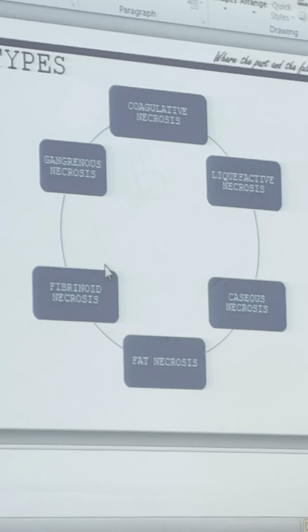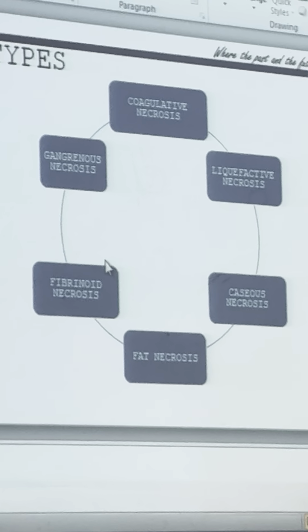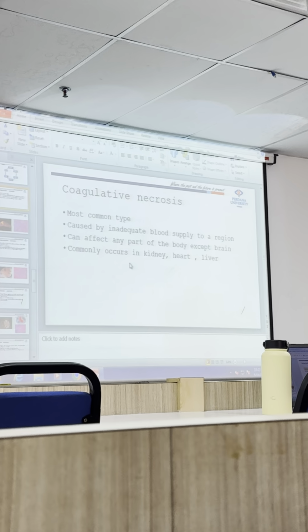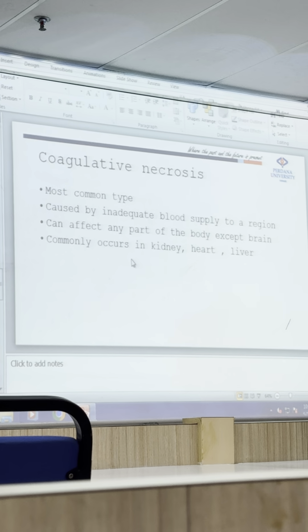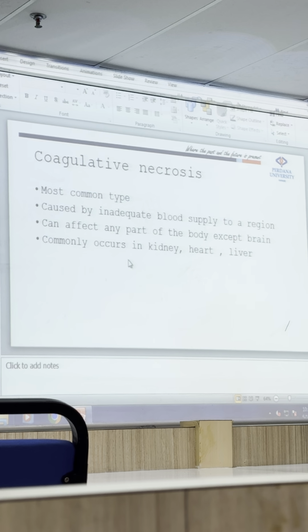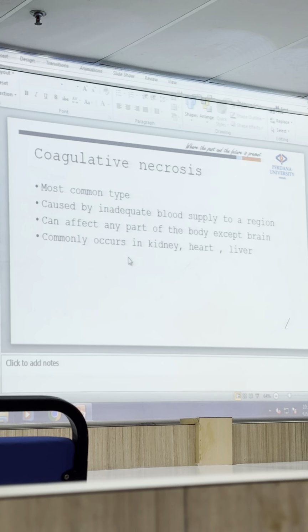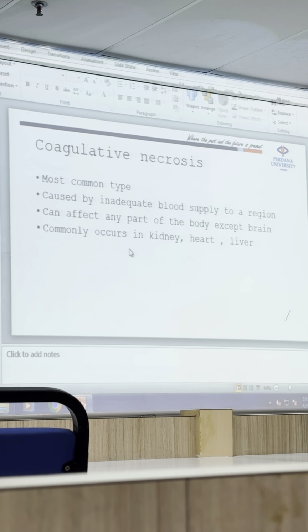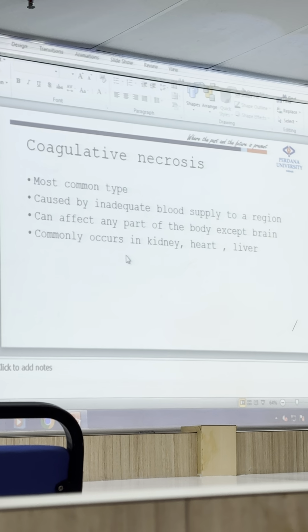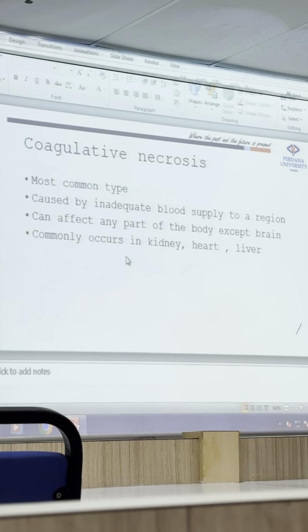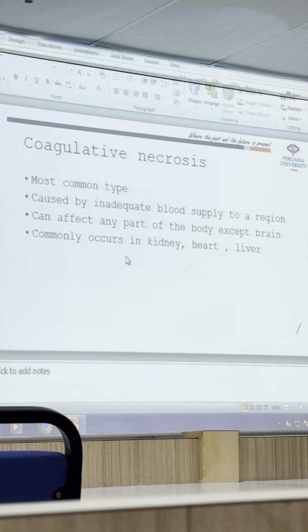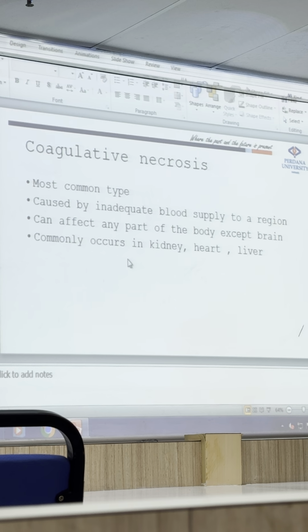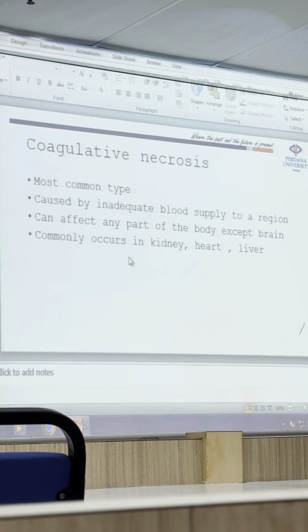Either you can write what it is caused by, or what the example is, anything you can write about. So for necrosis, you need to know the cause and example of the 6 types.